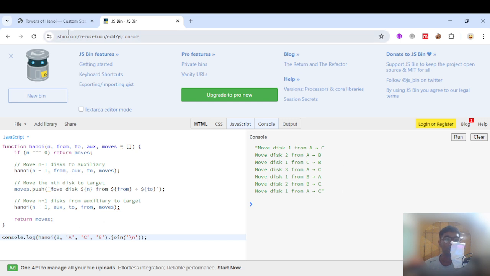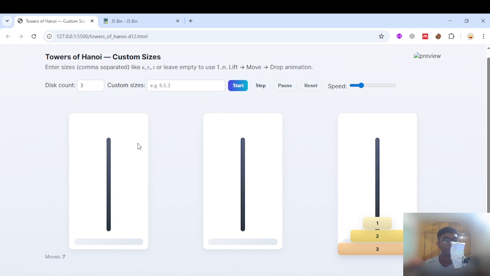This completes the move. So just for curiosity, I'll play this same thing for a 4 disk solution, so you can see this. Yeah.